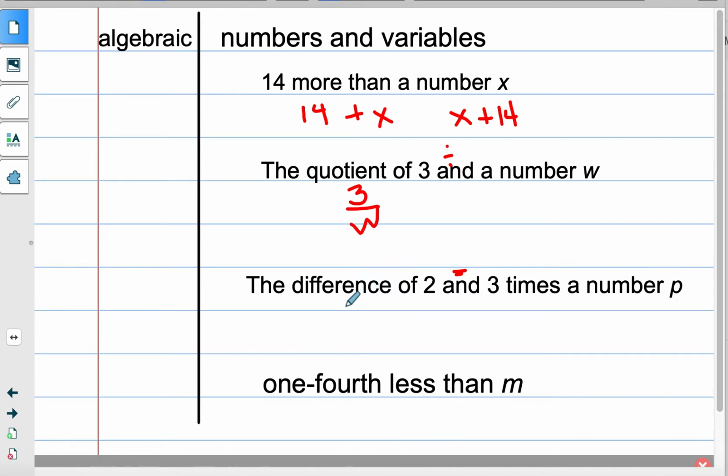The difference of 2 and 3p. Again, you could put the multiplication, but with algebra we try to leave those out. 1/4 less than m. Well, that needs to be switched. So m minus 1/4.